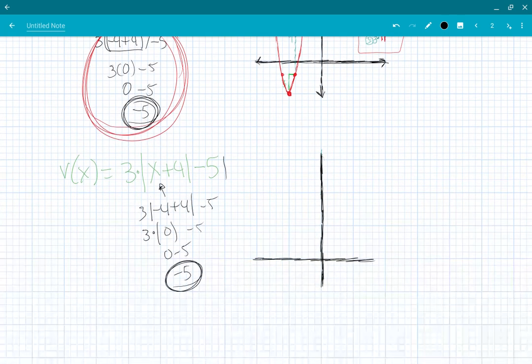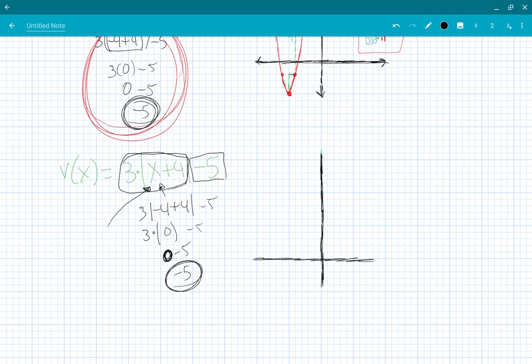Okay, I'm going to make a joke. It's not a good joke, but you get the idea. Think of the x of the vertex as the number that's going to blow this up. It's going to blow it up and it all becomes what number? 0. But which number doesn't get blown up?